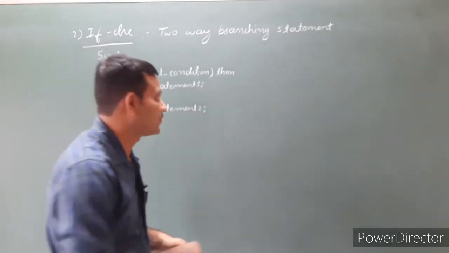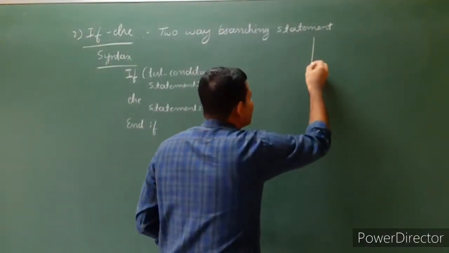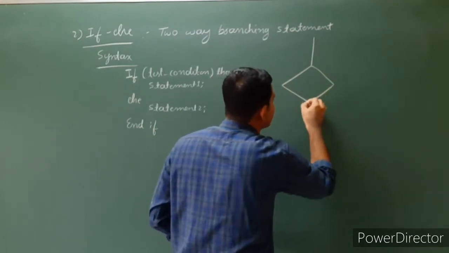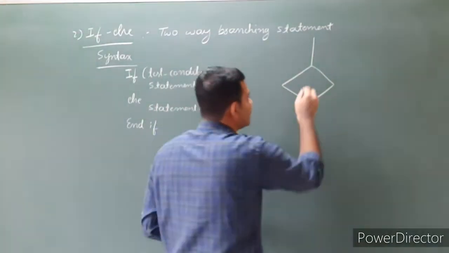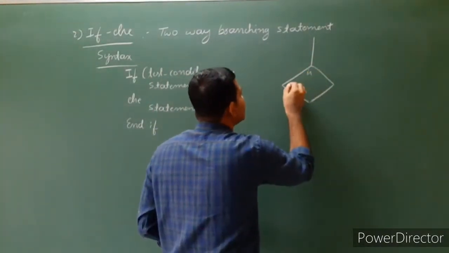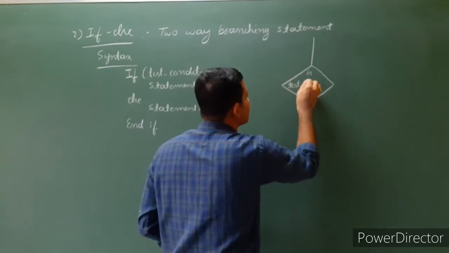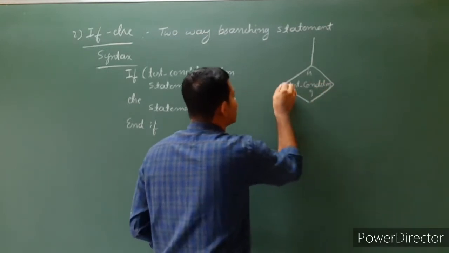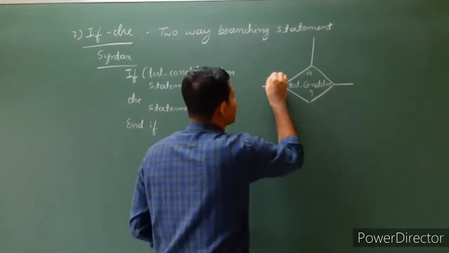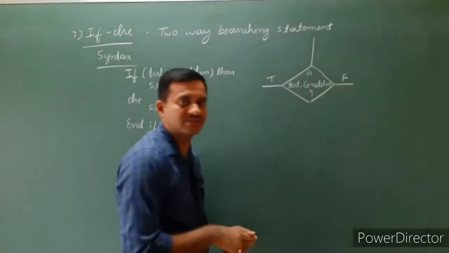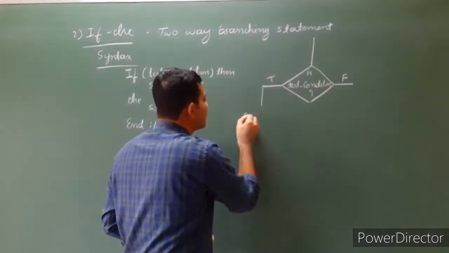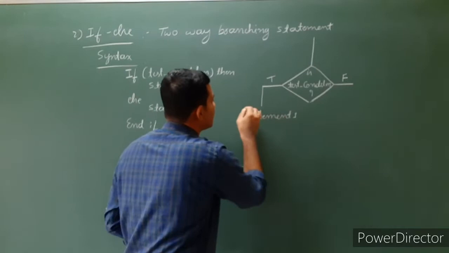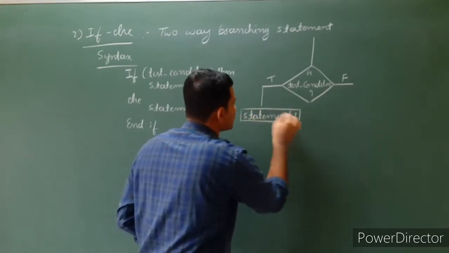Let's see the flow chart. First we verify the test condition. Inside the decision box write the test condition with a question mark. The test condition has two alternatives: first one is true, second one is false. If it is true, statement 1 is selected for execution.